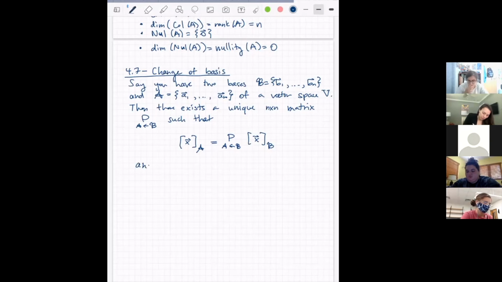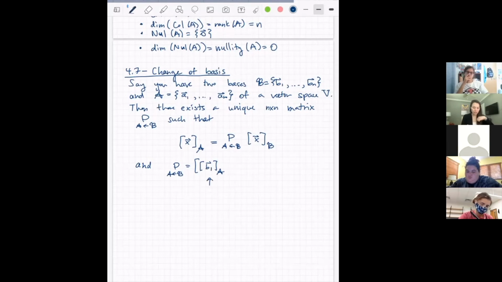And furthermore, we can actually write down what this matrix would be. It is just the matrix of each of the basis elements from B written in terms of coordinates of A, right? So that's what this is right here.